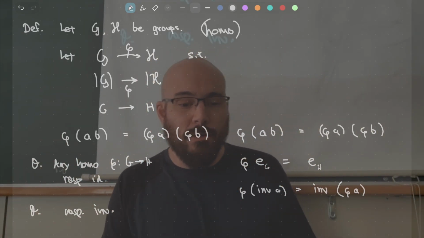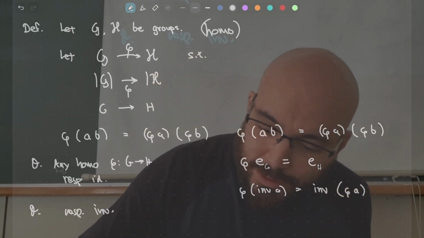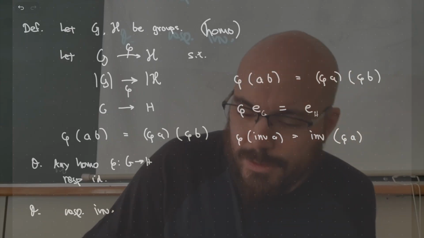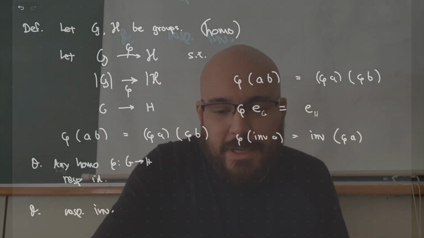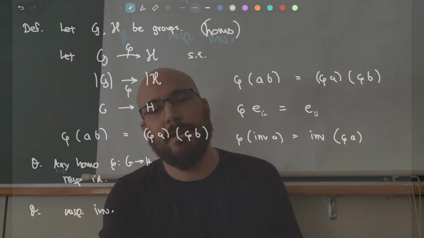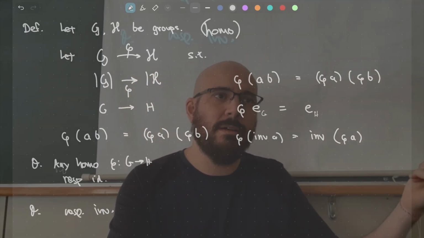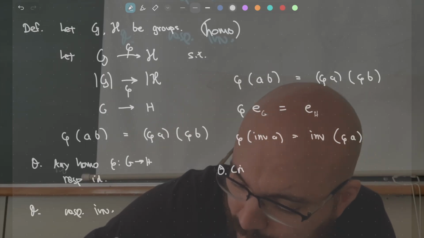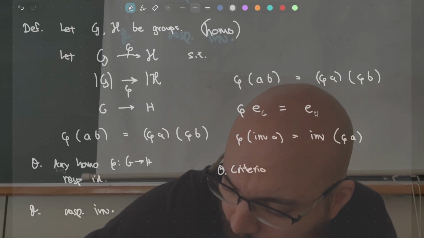So after defining this, studying group theory, every time I want to prove that something is a homomorphism, I would have to do three things, while my friend will have to do one thing, right? So my theorem will be what we call a criterion.